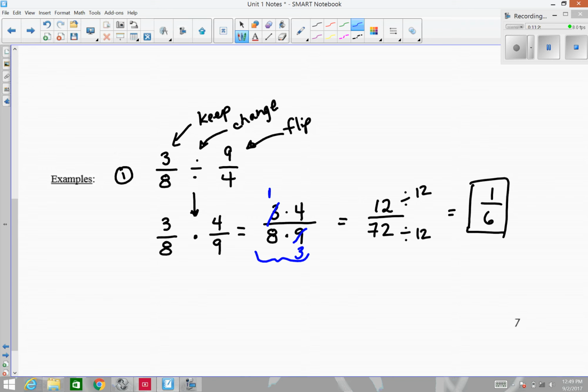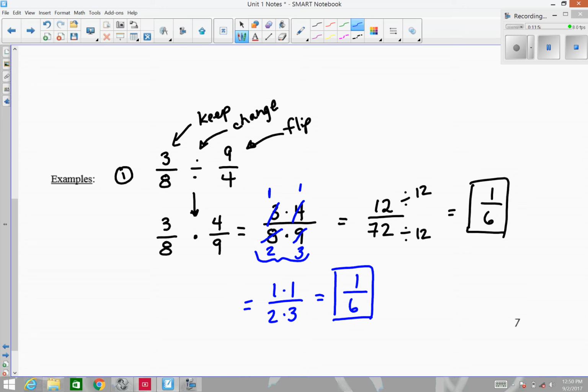The 4 and the 8 also have a common factor of 4. If I divide 4 by 4, I get 1. 4 into 8 goes twice. So now what I would have is a numerator of 1 times 1 over 2 times 3, which gives me that same 1 over 6 reduced fraction. So either way on that one, you should get your answer 1 over 6.